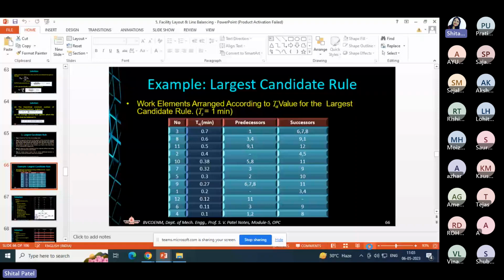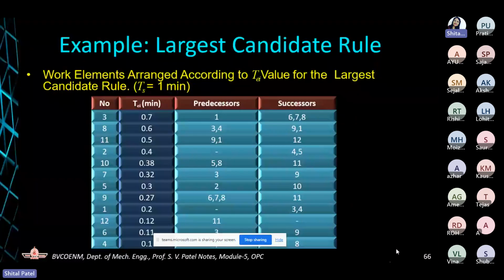Okay. So we have now two things: our cycle time, the network diagram, and the theoretical number of workstations. On the basis of that, in the largest candidate rule, whatever activities are given to you, arrange them so that the activity with the maximum processing time is first.